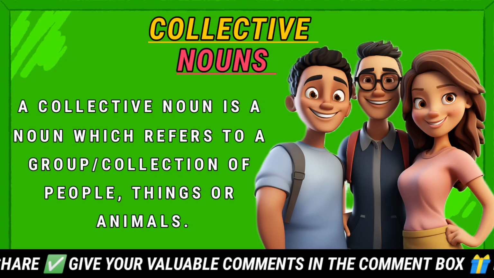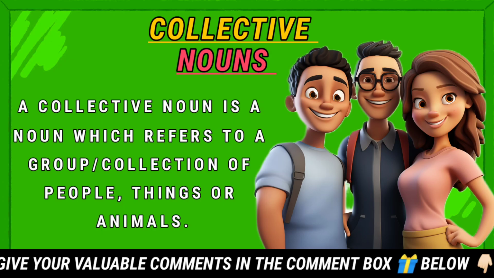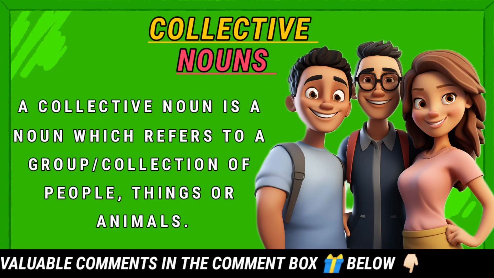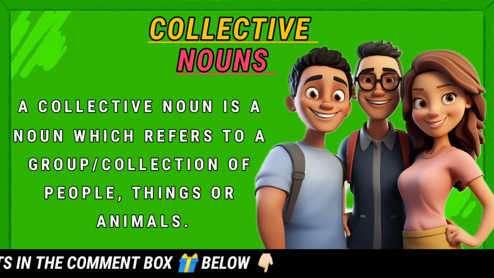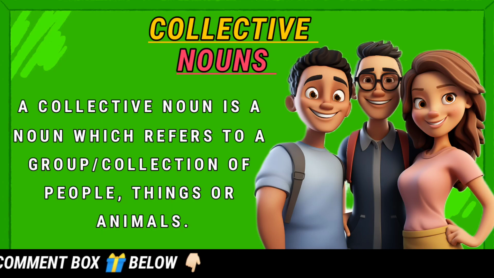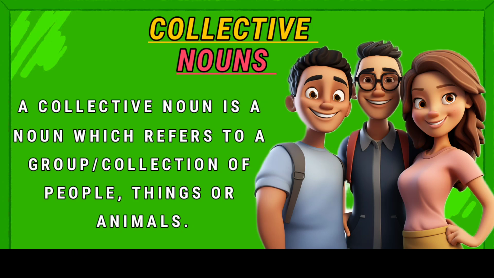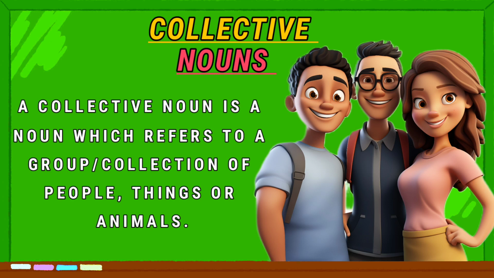So let me come back to my main discussion. What is it? Collective nouns. So what it is exactly? Let's check it out. So if you see here, a collective noun is a noun which refers to a group or collection of people, things or animals. It means that they don't represent anything else individually.